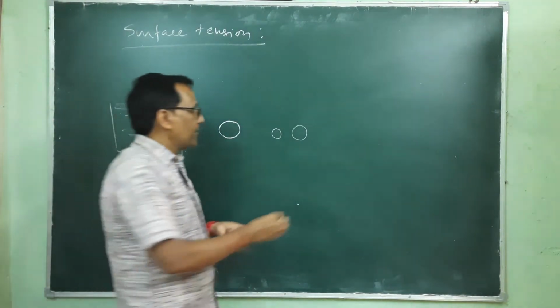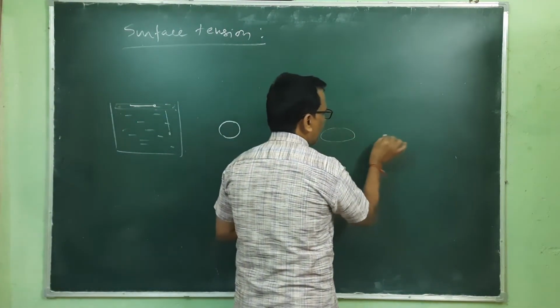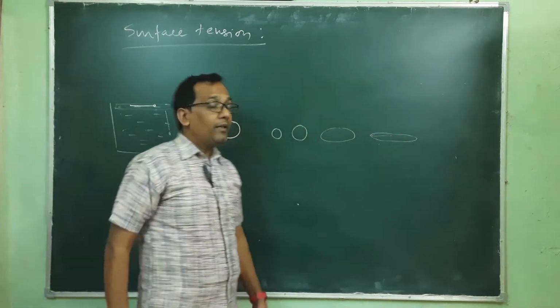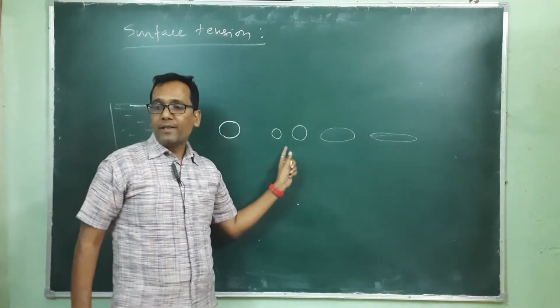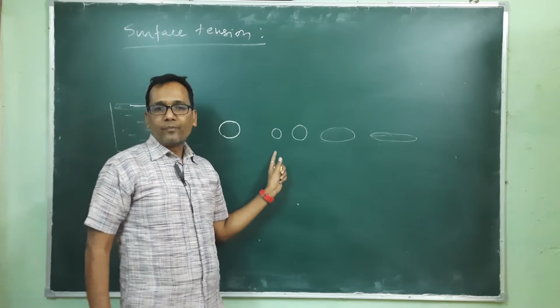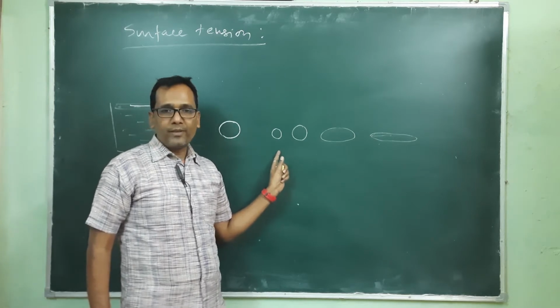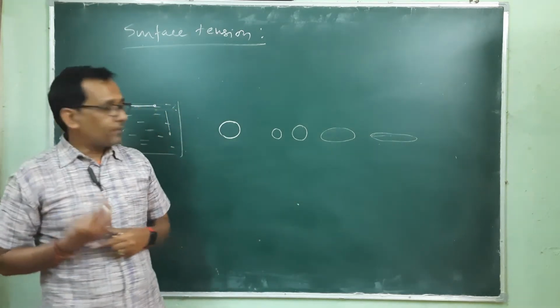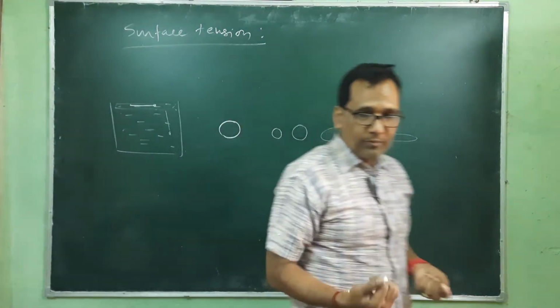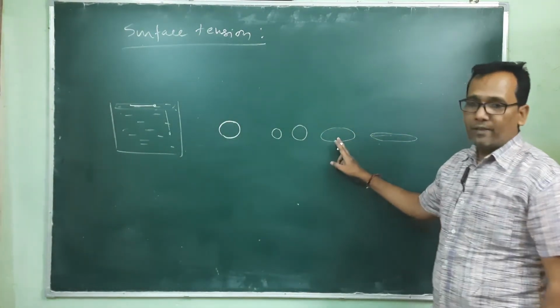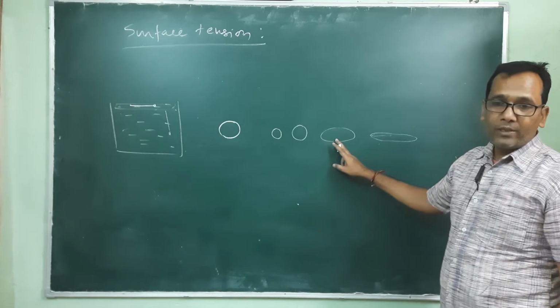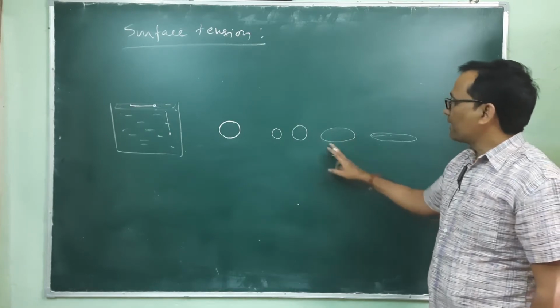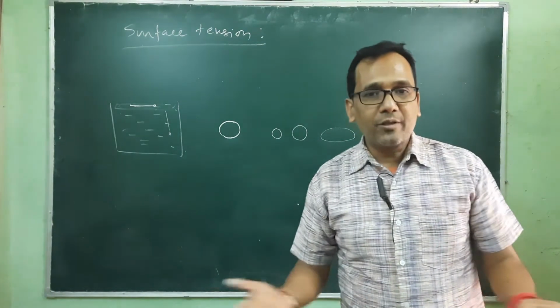But after some time, its shape changes. Why? In this case, the surface tension, the intermolecular force, is effective, so its shape is spherical. But when the gravitational force is effective compared to the surface tension, then the shape of the mercury drop is distorted.